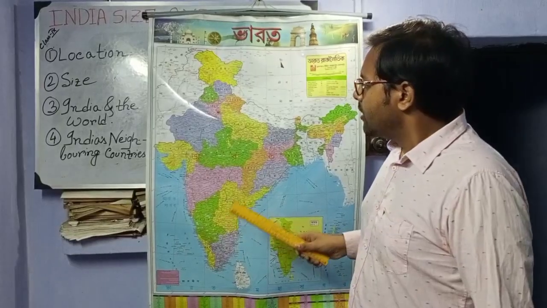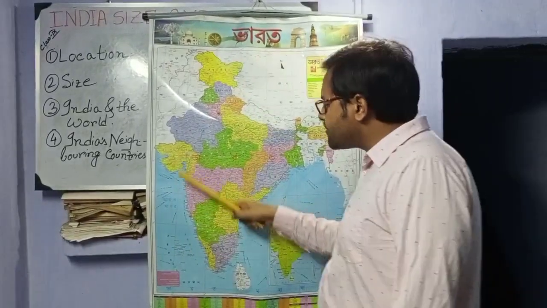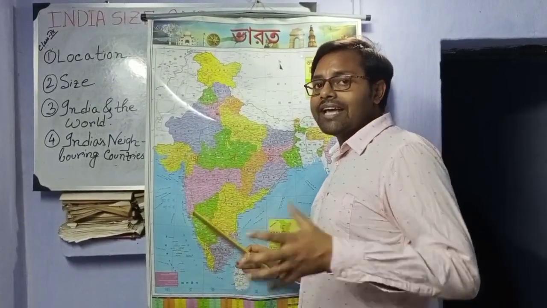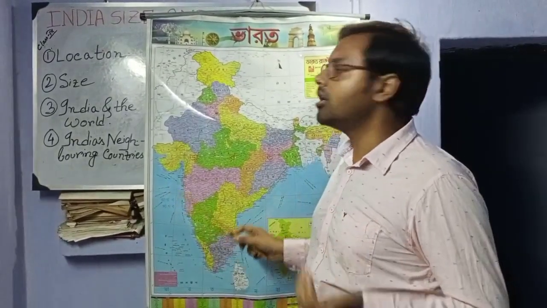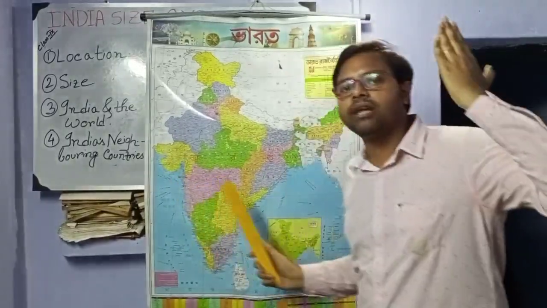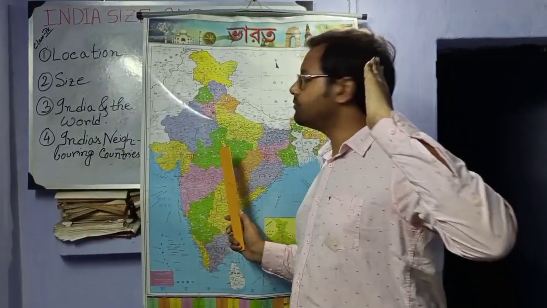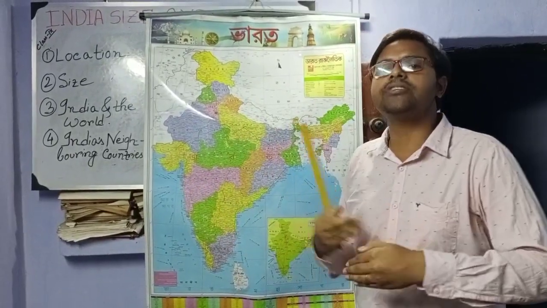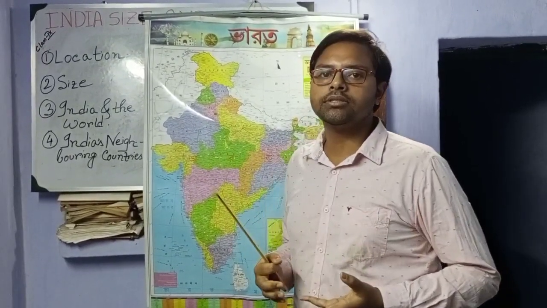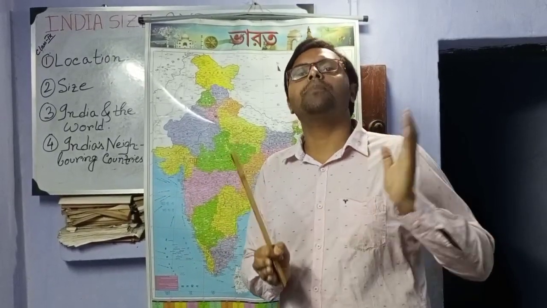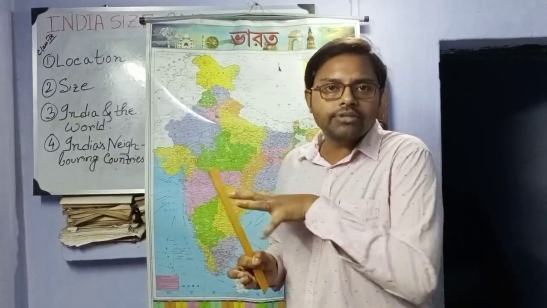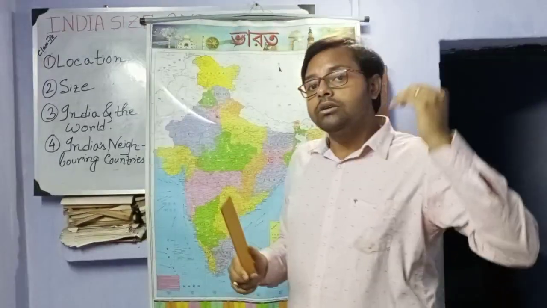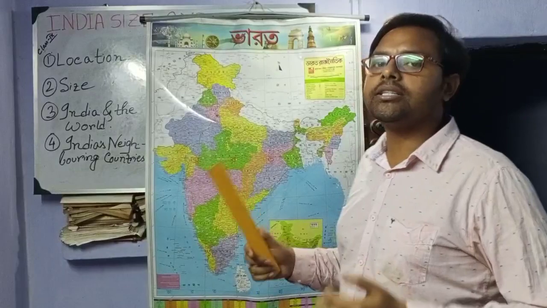And this peninsular location, being bounded by water on three sides, has helped India to keep relationship with the world, through which from the age of Ramayana and Mahabharata, from the ancient era, India has established its relationship and exchanged its culture with other countries. We also know from historical or literary epics like Panchatantra that India has its historical relationship with other countries.